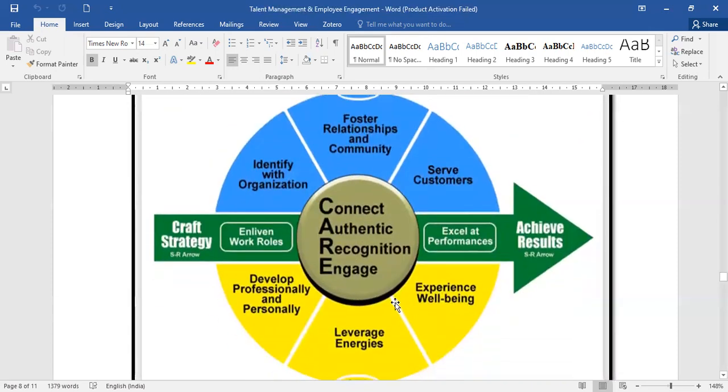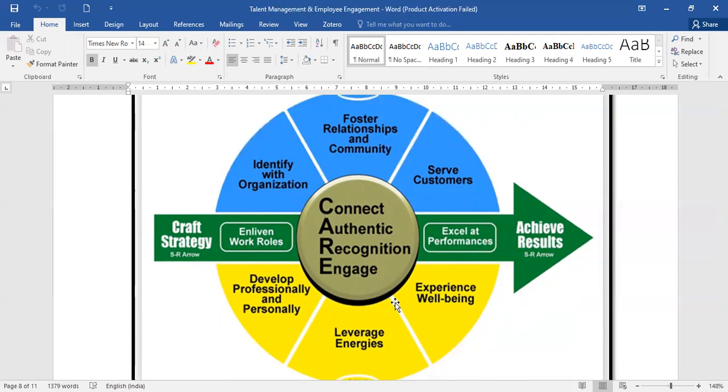When we talk about achieve results, sorry, it is not active results, it is achieve results. It talks about achieving the desired results. That is, high levels of employee engagement is the only aim of this model. That's what achieve results talks about. However, the process is well supported by various steps.